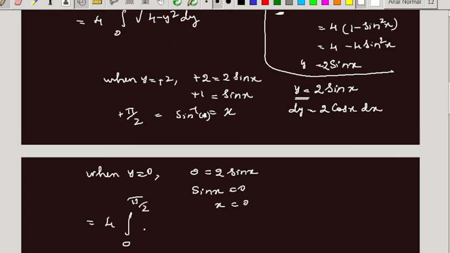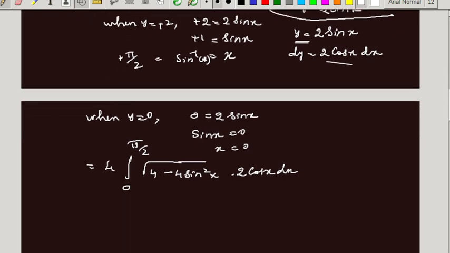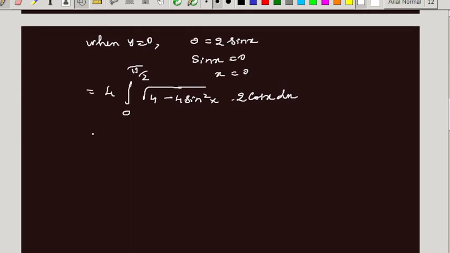Here square root of 4 minus y square, where y is 2 sin x, so here we get 4 sin square x if we square. And dy can be written as 2 times cos x into dx. So we take the values. 4 is taken common.